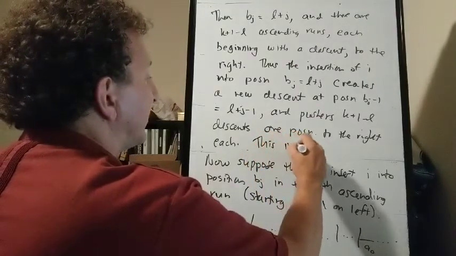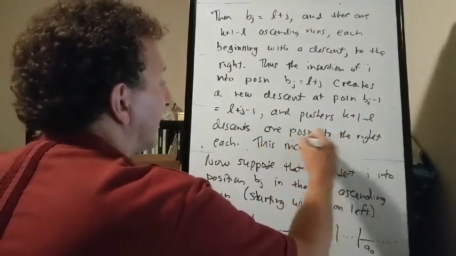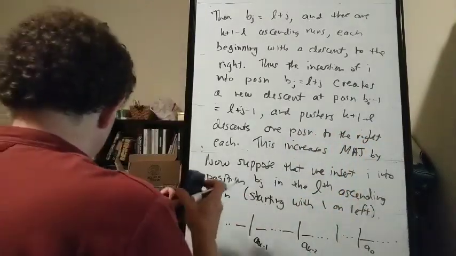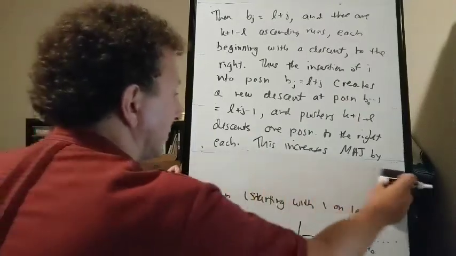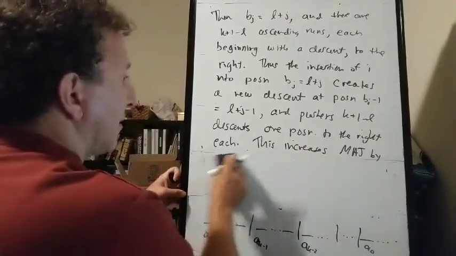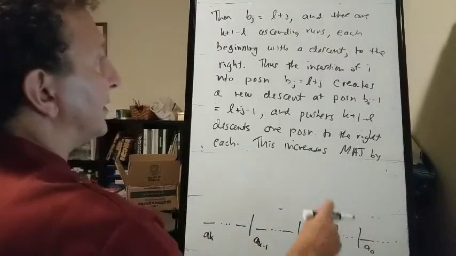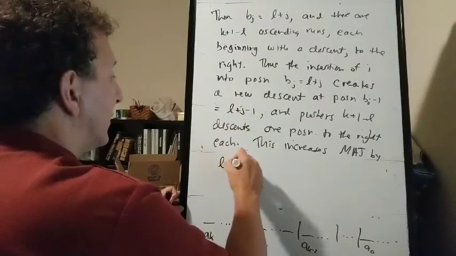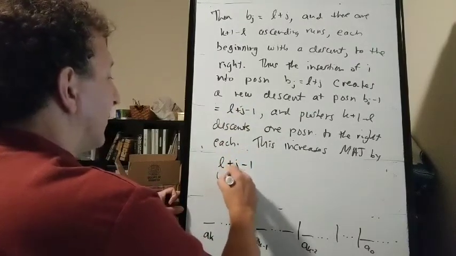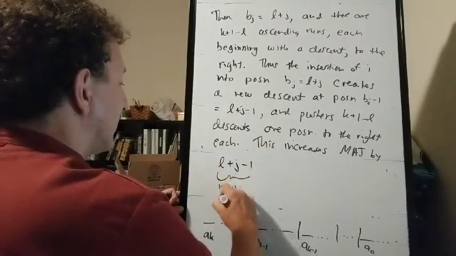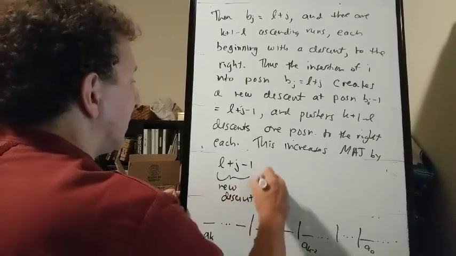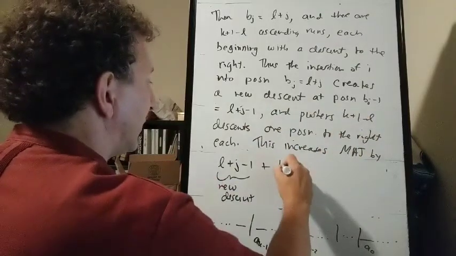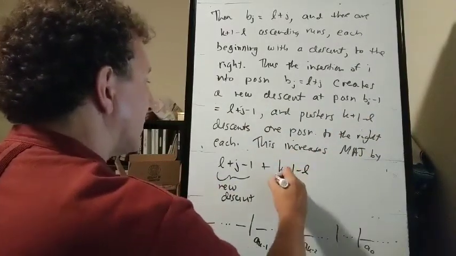So then this increases the major index by, let's see, the new descent was L plus j minus 1. And then we push k plus 1 minus L descents.